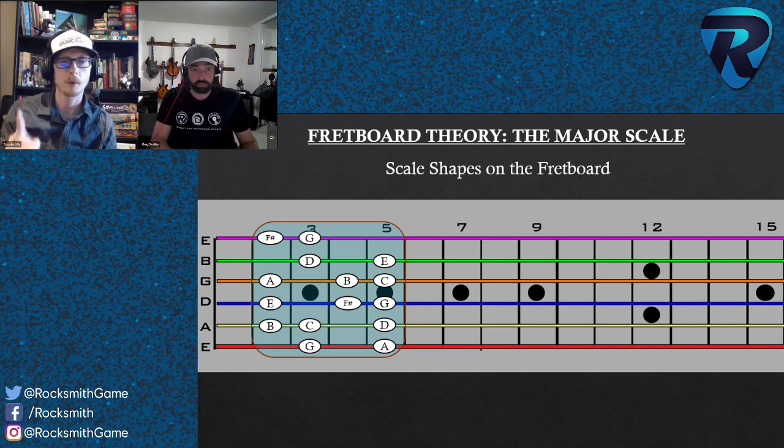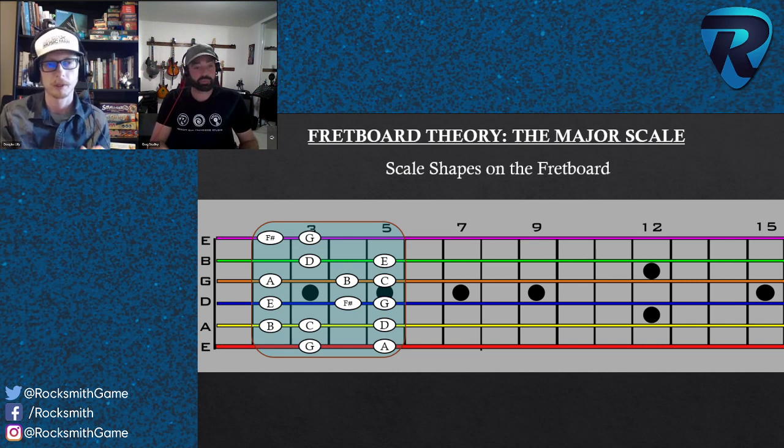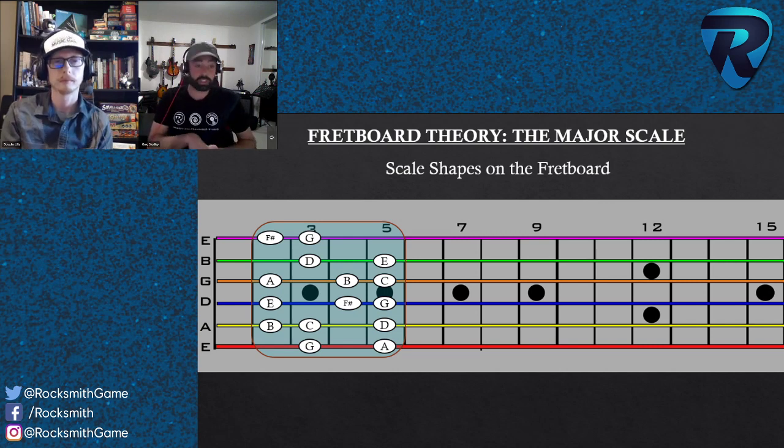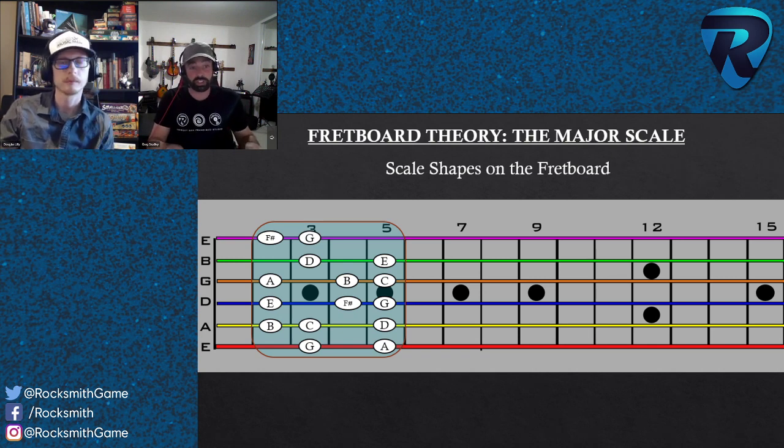Actually, I do have a question from the chat. Relic522 says, why F sharp instead of F in the major scale? Oh, great question. So in the G scale that we had going across the neck, we needed to have a whole step right after the note E in order to keep our pattern intact.